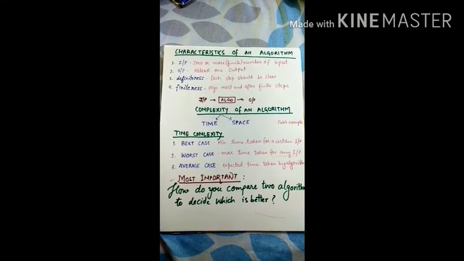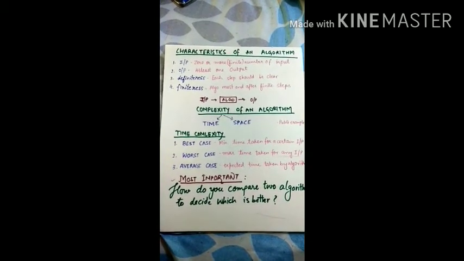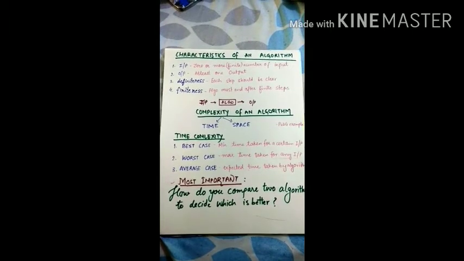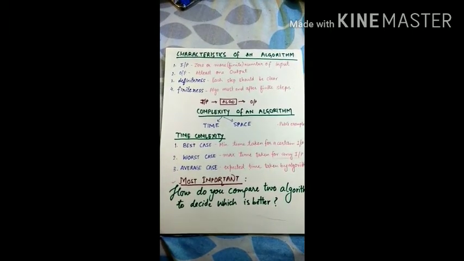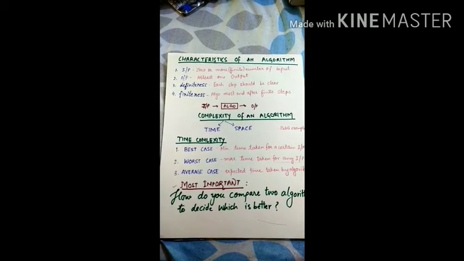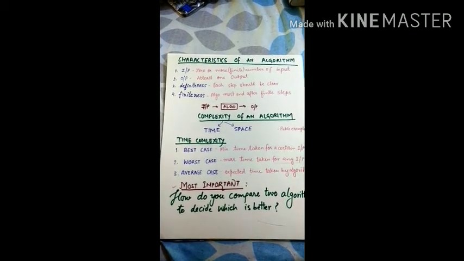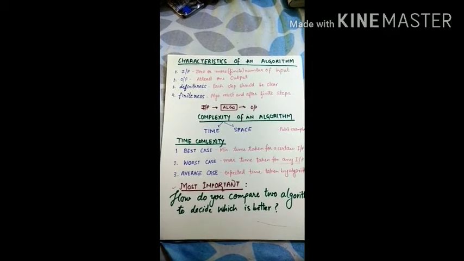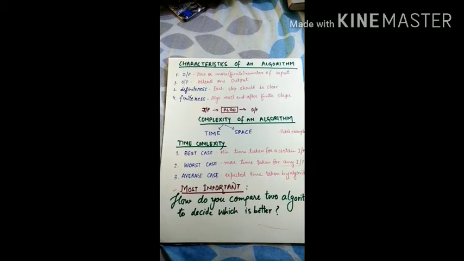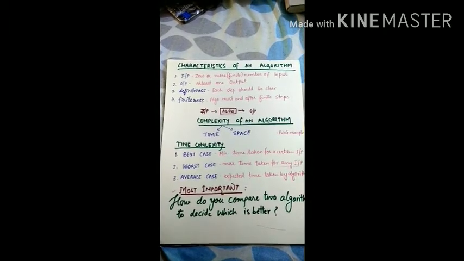Next thing is the characteristics of an algorithm. There are four characteristics of an algorithm. First is the input. An algorithm may or may not have an input. But if it has inputs, the number of inputs should be finite. For example, if I ask you to input the details of all the people present in the country, the number of people present in the country is finite.